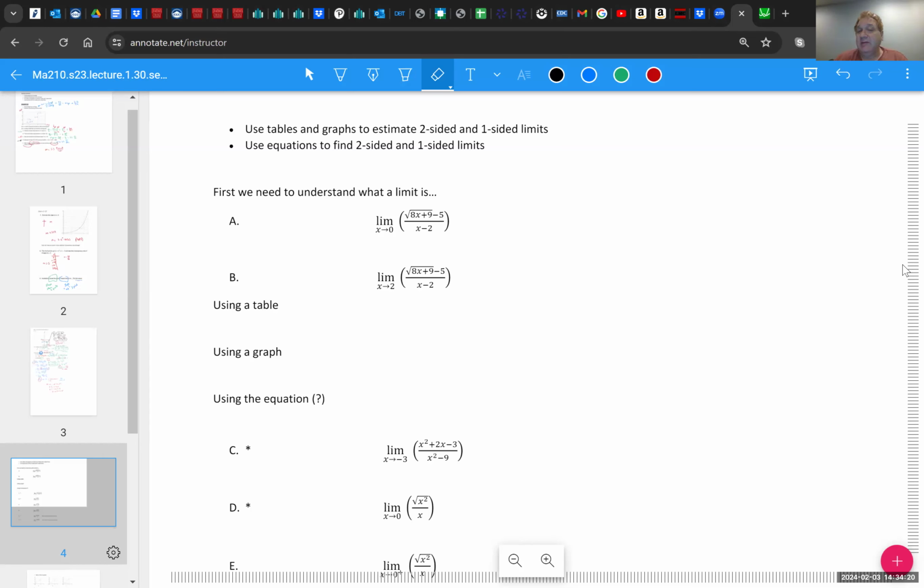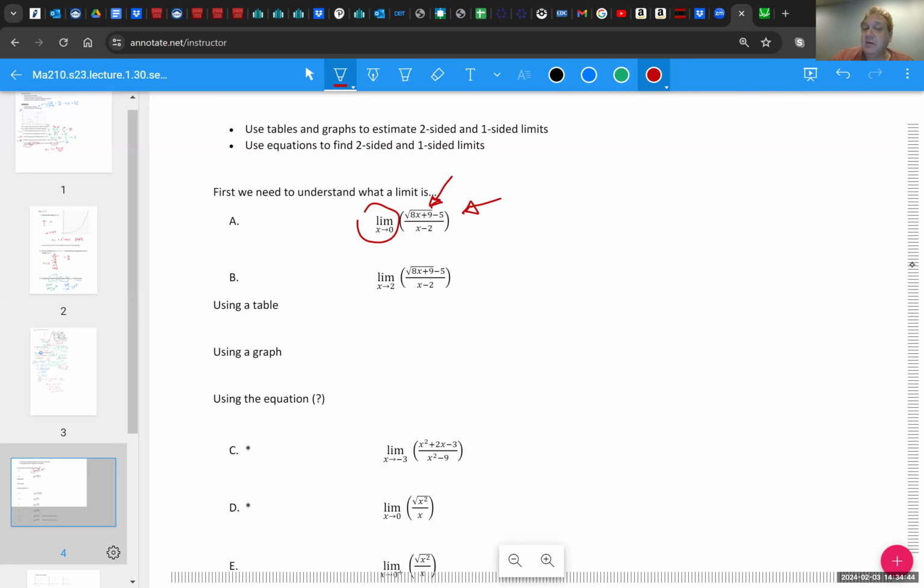A limit is basically asking what happens to the function at a particular point, or at least very close to a particular point. So in example A right here, we have the limit as x approaches 0 of this function. This is the function, so you can think of a y equals function with that fraction.